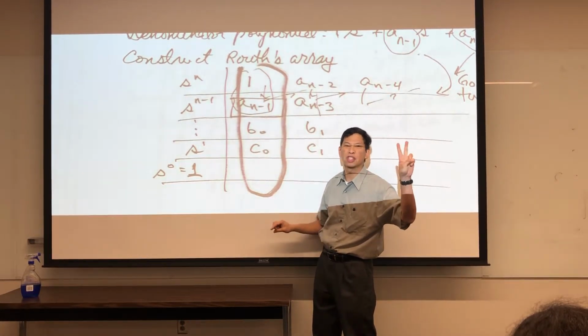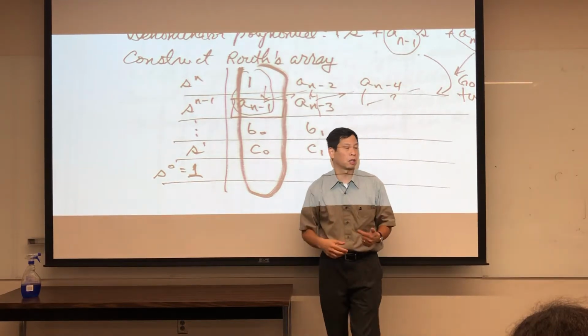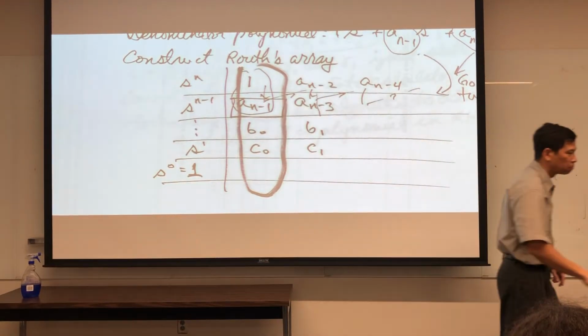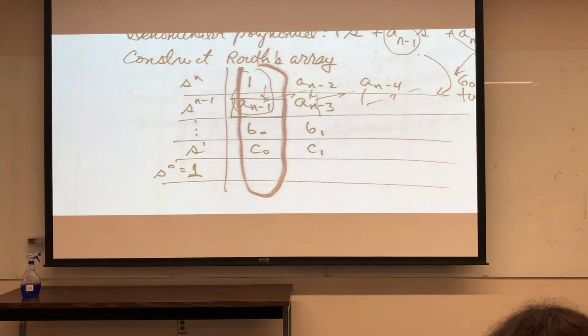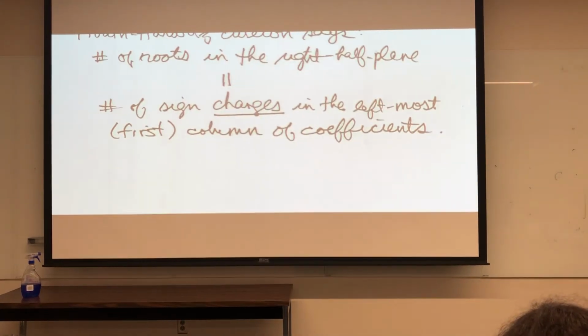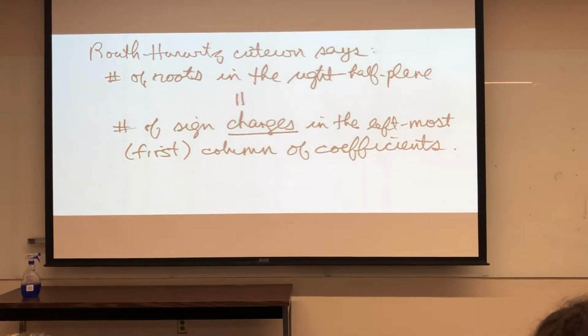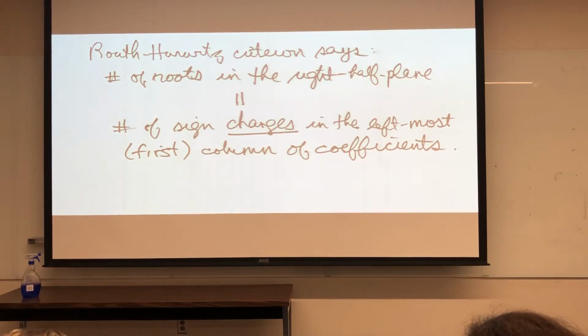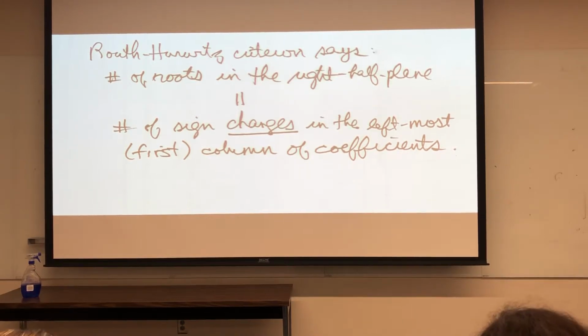So there would be 2 sign changes, and that would tell me that there are 2 roots in the right half plane, and the system is unstable. So that's Routh's stability criterion. Number of roots in the right half plane equals the number of sign changes in the leftmost, or the first, column of coefficients.